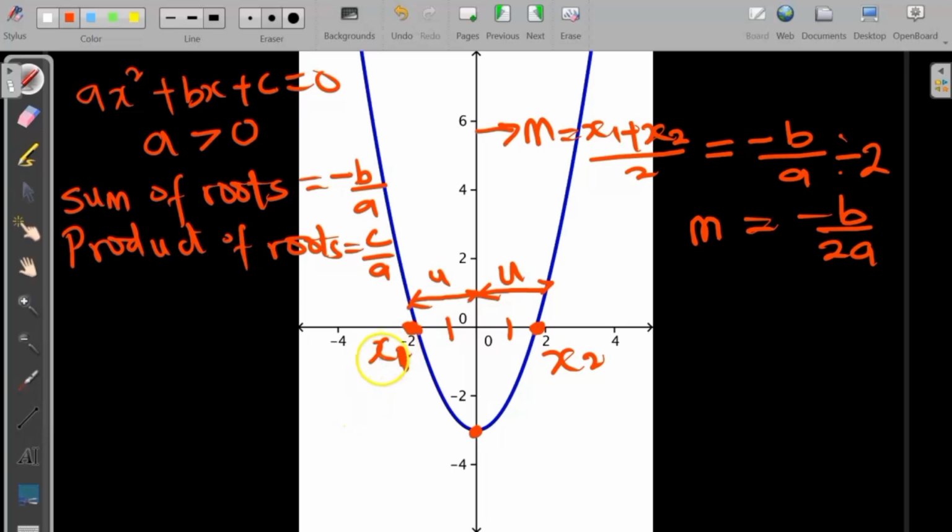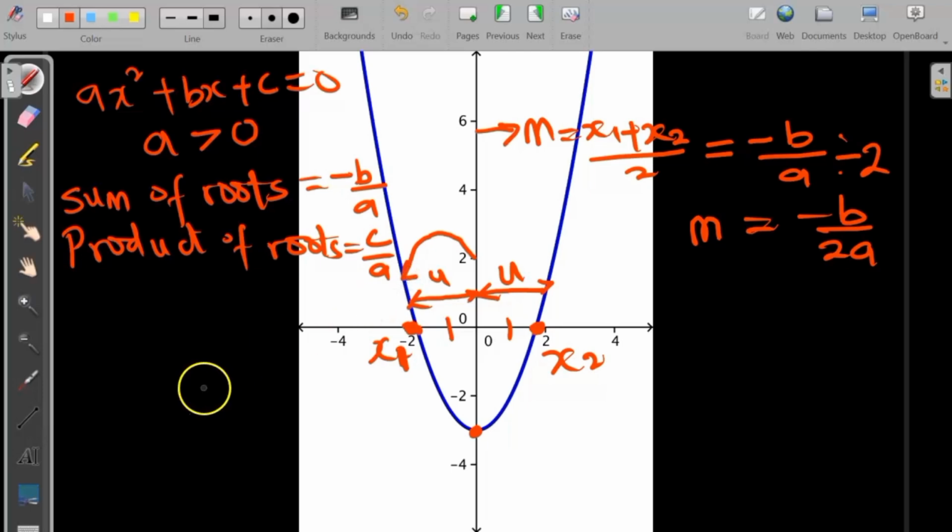Now, we can write x1 and x2 in terms of U and M only, given that M is the midpoint. To come to x1, I move from M in the negative direction.